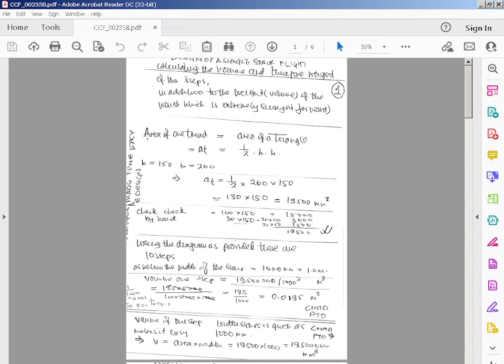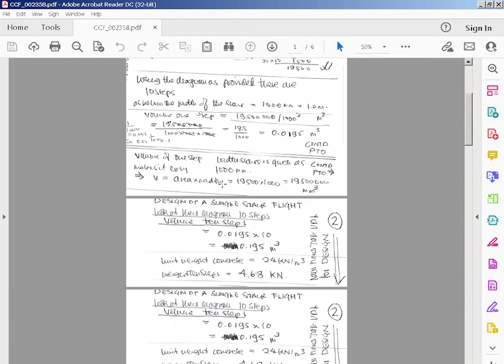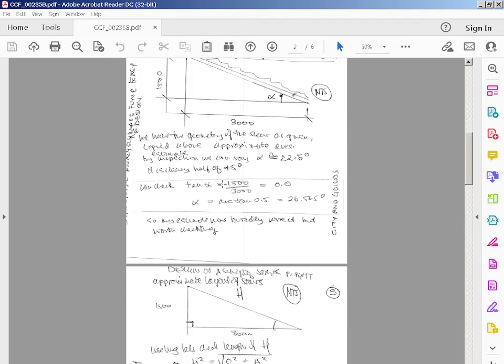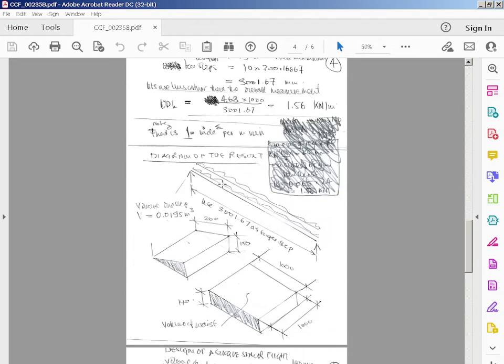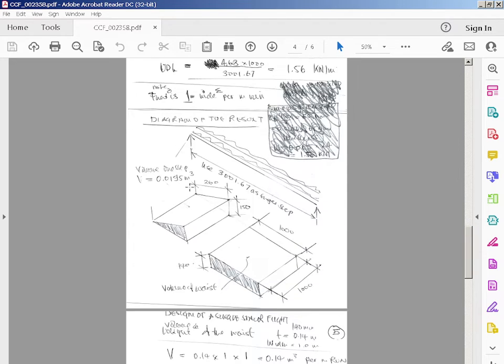I'm going forward a bit, but it's just to show you. I've just tried to draw it isometric. This is supposed to be a tread in 3D, and this is like the waist. So the waist is just a solid slab, just angled, and then the steps are on top of that.